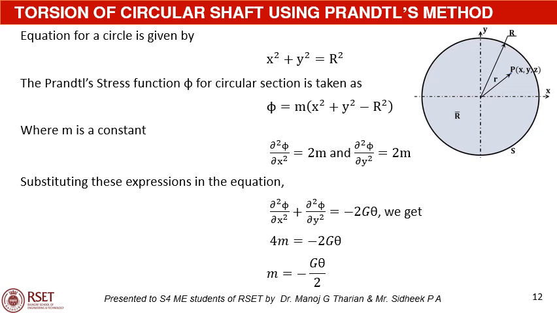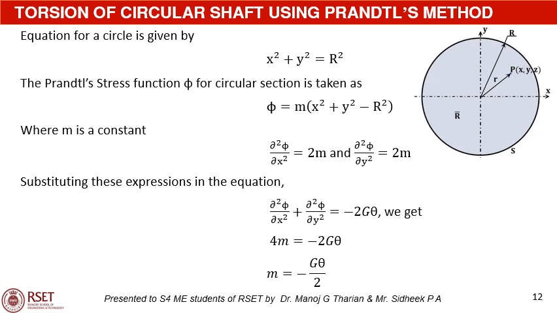P is a point at a distance small r from the center, whose coordinates are x, y, and z. Using the Prandtl's method, we will derive an expression for the shear stress components τxz and τyz at point P. Also, we will find an expression for the angle of twist per unit length θ.